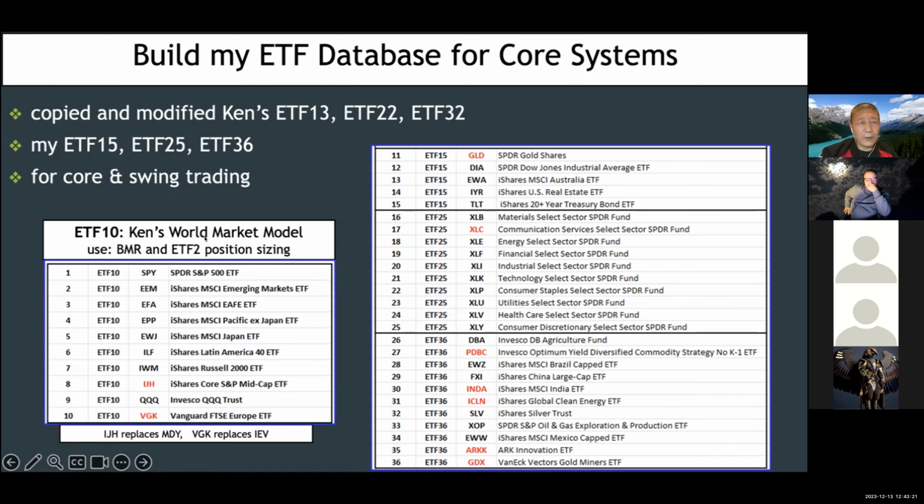First, I copy from the master. I like the improvements that you made over on the right hand side, PDBC for the diversified commodity, and I like the inclusion of India. And I think that ICLN is probably a better choice than PBW for clean energy.